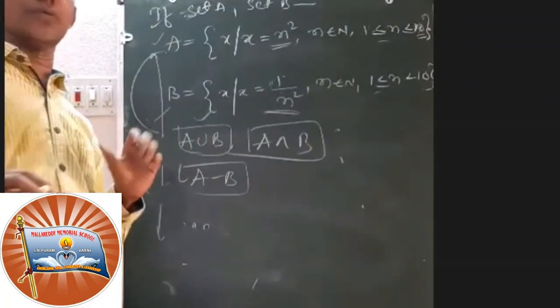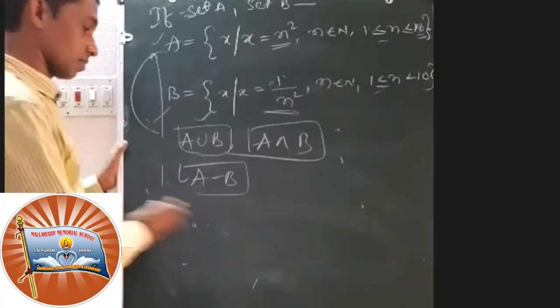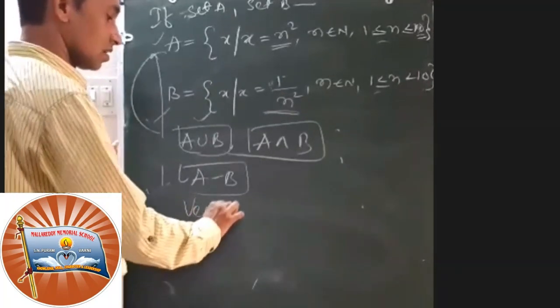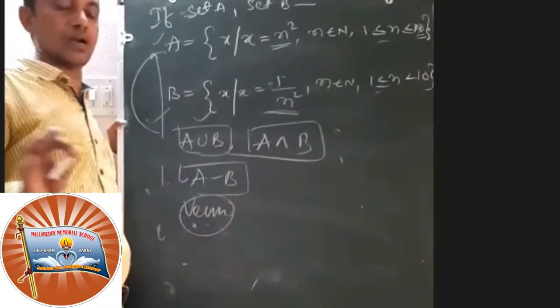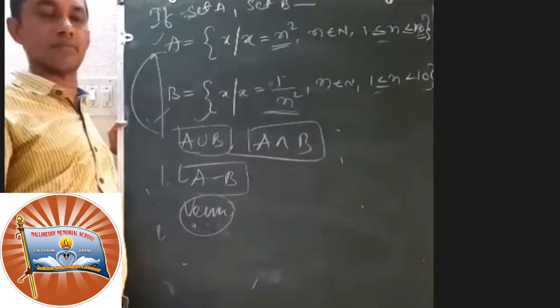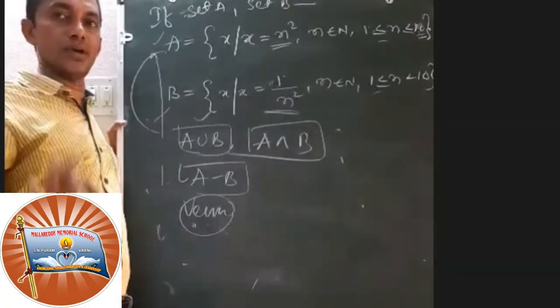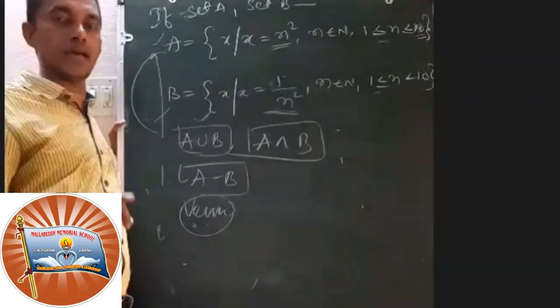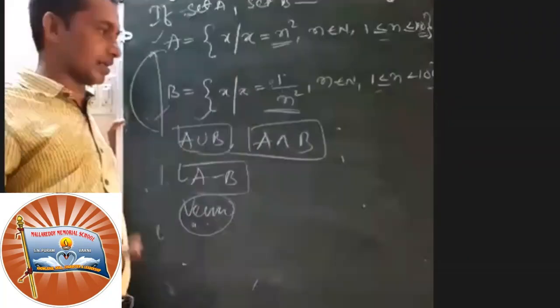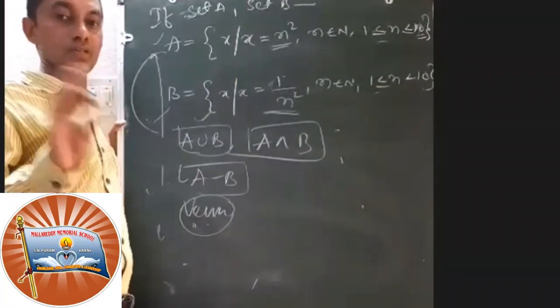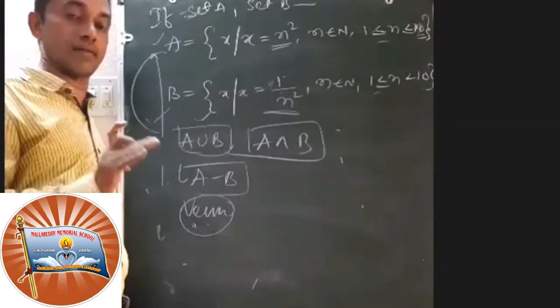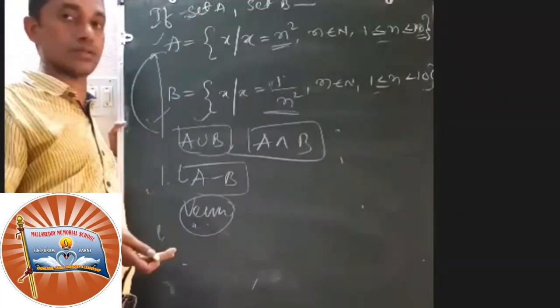And when I talk about the Venn diagram, you won't get a direct Venn diagram question like draw the A union B Venn diagram, draw the A minus B Venn diagram, or draw the A intersection B Venn diagram. Though you should have an understanding of it.